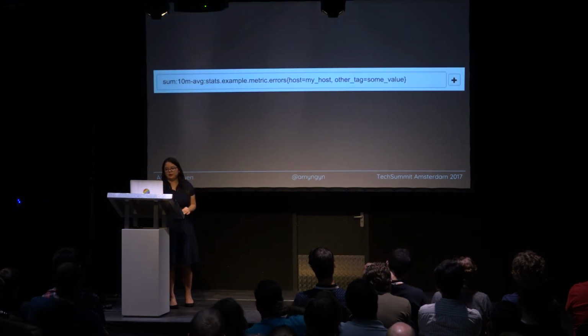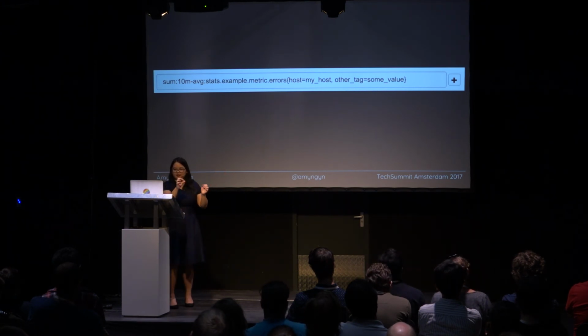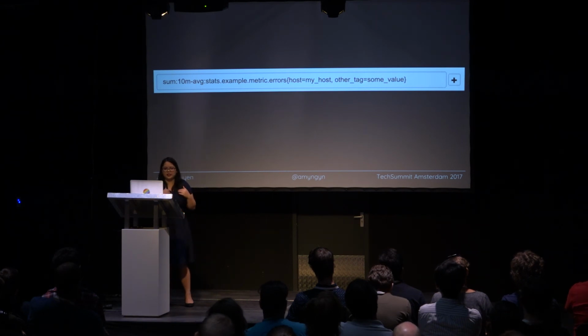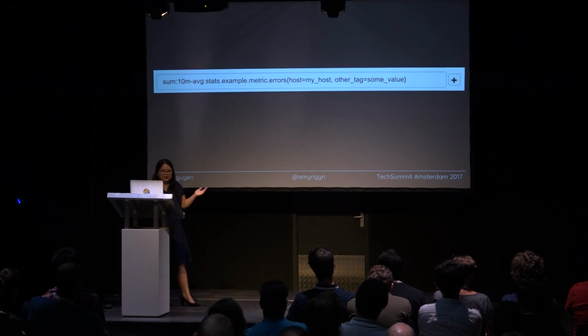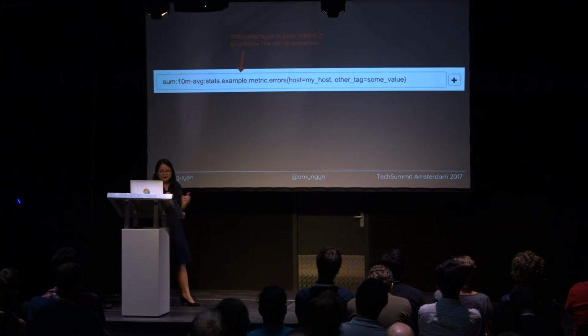The other thing people were complaining about was that we had to type out our metrics in this text input field, which is really weird because on our side we had to parse this data and then request it to OpenTSDB using JSON. So it was kind of weird that we were even making people type things out in the syntax. You'd have to type out your metric manually. Maybe you had it on a Post-it note or saved in an email. You type out your metric and hope you got the right metric.